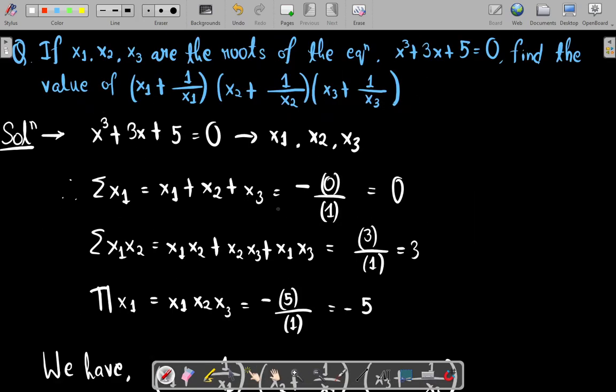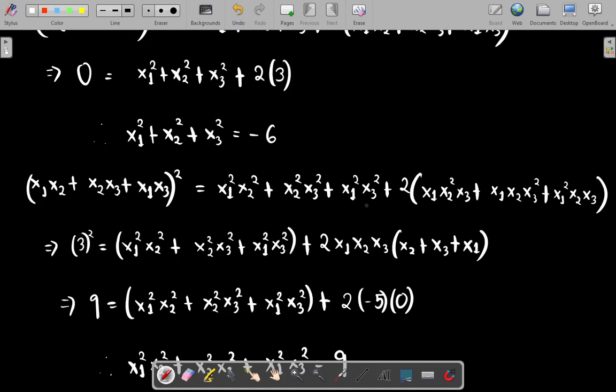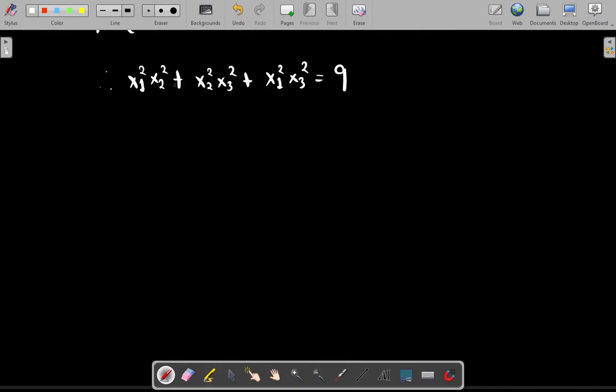This is 0, so this last term becomes 0. Therefore x1 square x2 square plus x2 square x3 square plus x1 square x3 square is equal to 9. So we got this value here. This is one value, and this is the other value.